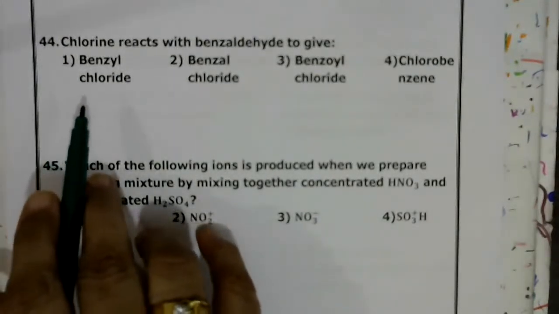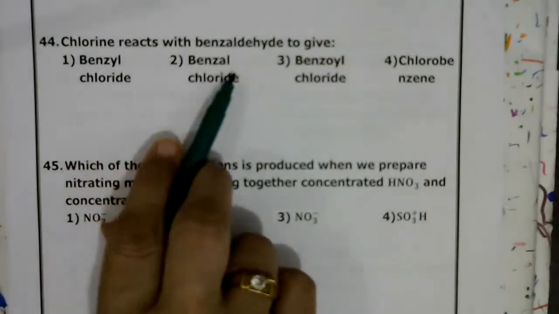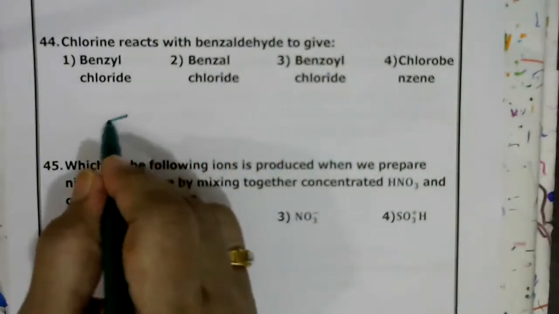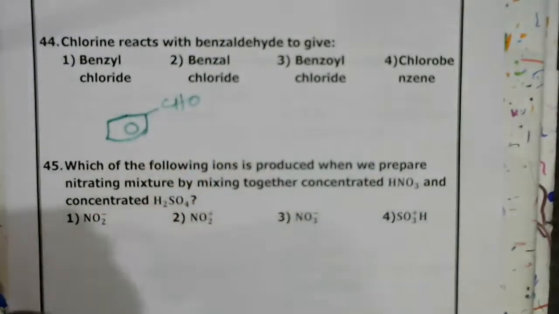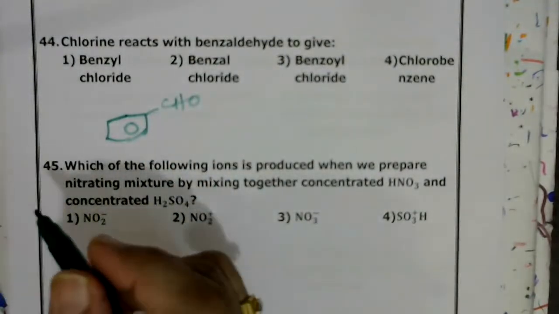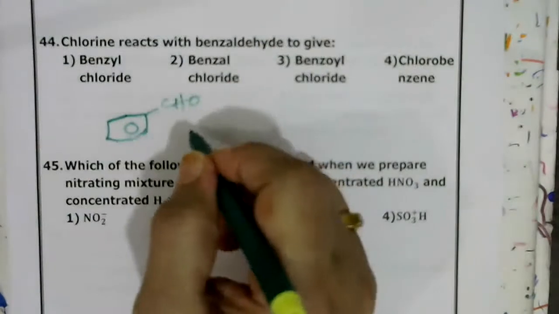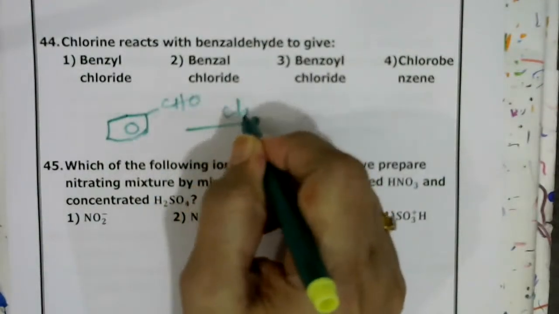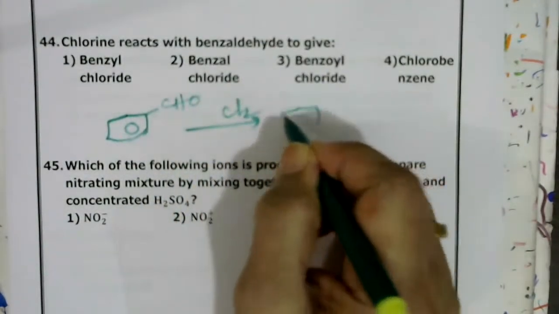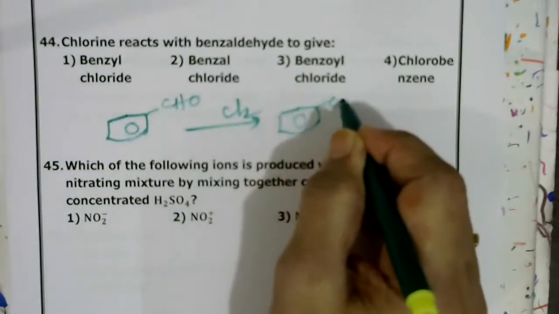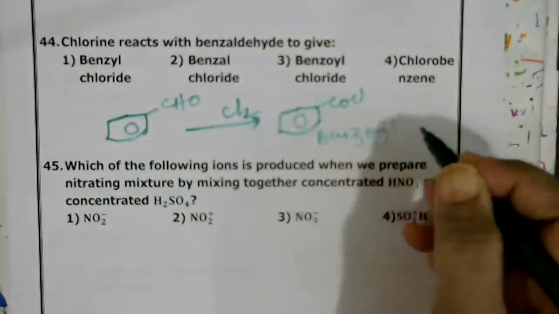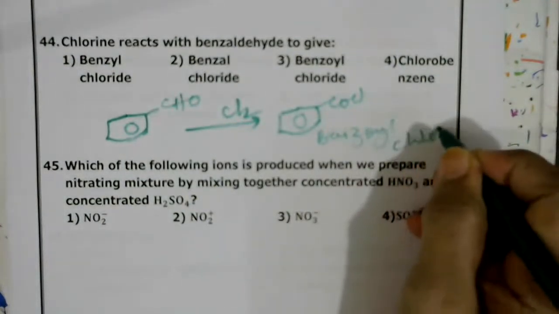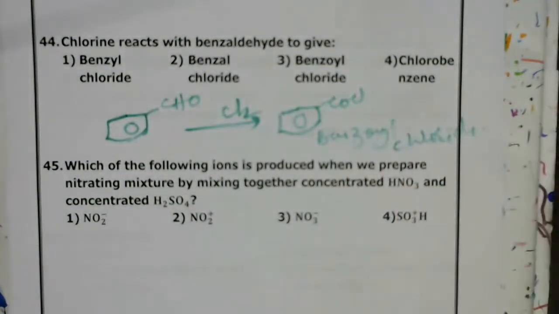Question number 44. Chlorine reacts with benzaldehyde. What is benzaldehyde? C6H5CHO. Benzaldehyde reacts with chlorine and will produce benzoyl chloride. What will they produce, children? Benzoyl chloride.